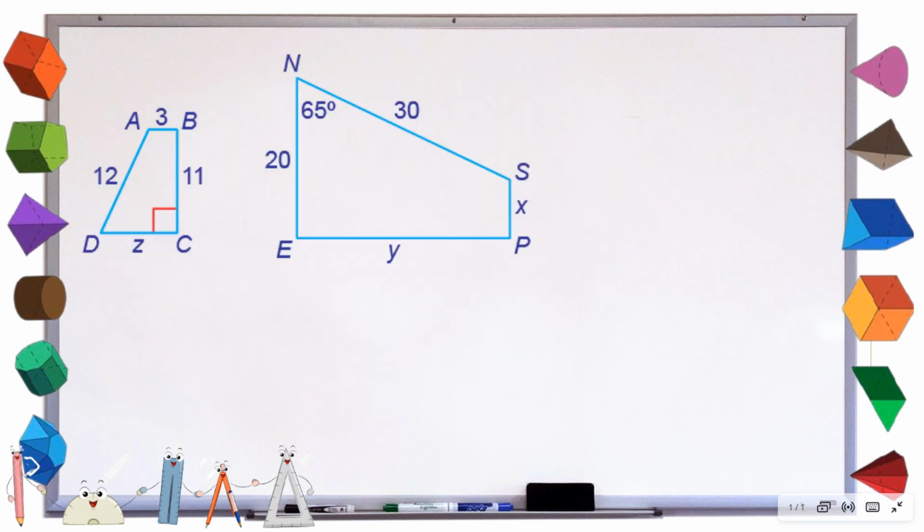Let's proceed. So in this example, we're going to find the unknown values. In here, we have three unknowns: X, Y, and Z. And we can get that by identifying the scale factor of our given polygon. So let's rewrite first our given polygon here.